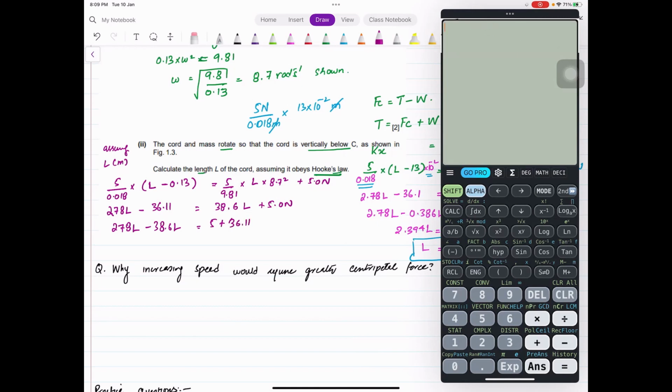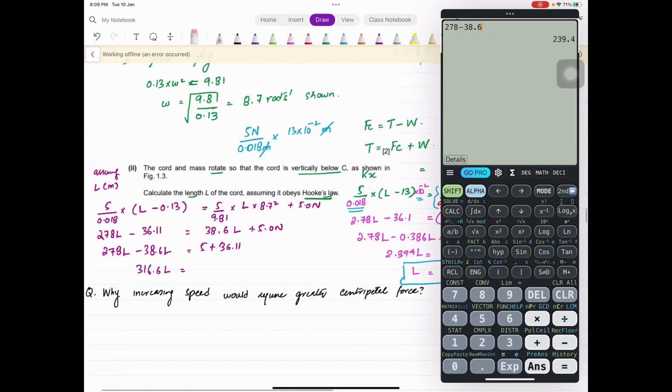So on the left side, 278 plus 38.6 is going to be 316.6. Sir, minus. I have to minus it. Oh, sorry, Gatika. Thank you, Gatika. Gatika saves the day. So this is going to be 239.4 L, and on the other side is going to be 5 plus 36.11, which is 41.11, right?